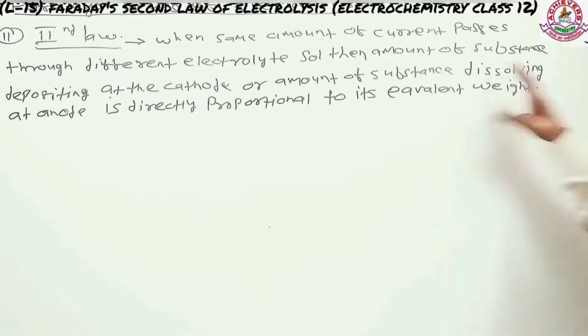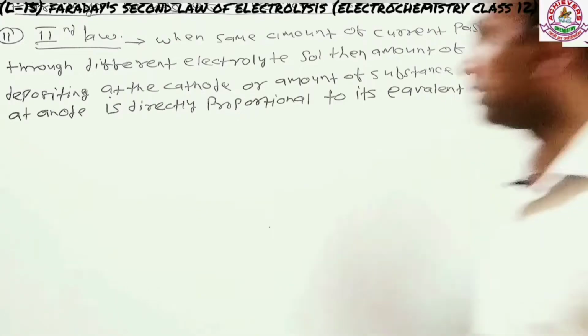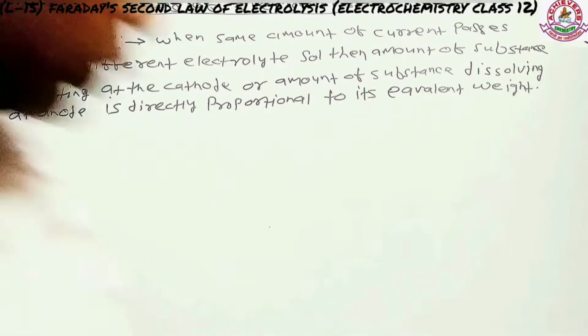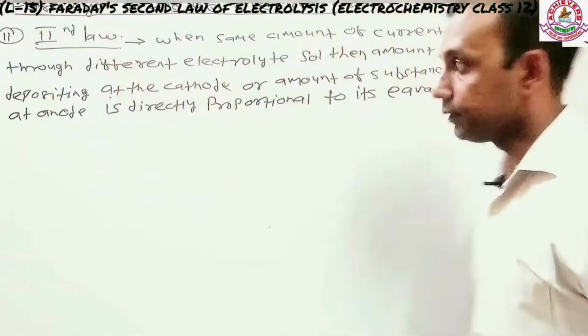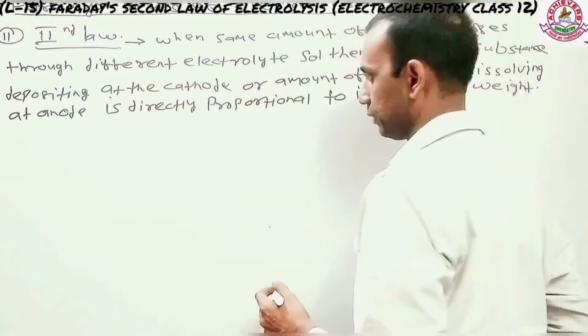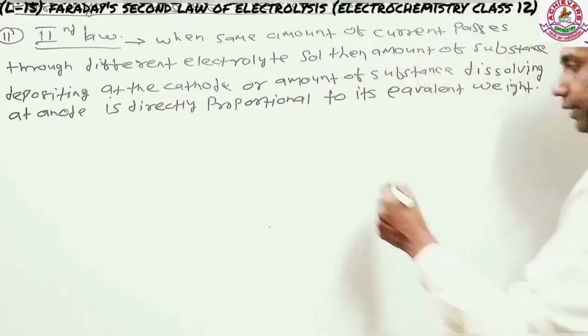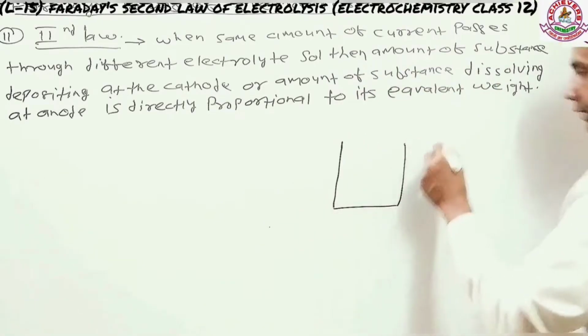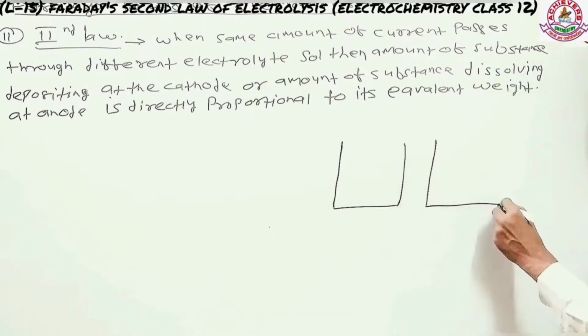Okay, so let me repeat the statement here and see if things are really going well. The second law says, let me draw a diagram that will help you understand exactly. Suppose there are two or more than two, you can take any number.